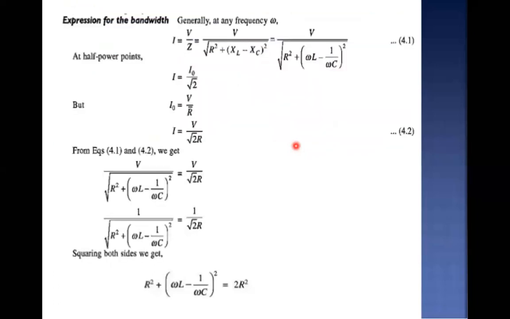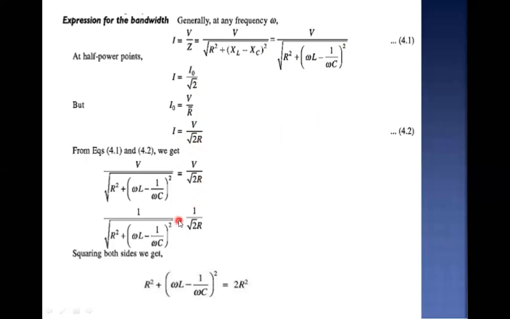If you want to calculate the expression for the bandwidth, we have calculated I is equal to V by Z, and I is also equal to, in terms of RMS value, I naught by under root 2. So from equations 1 and 2, if you equate these two, this whole expression can be equal to V by under root of 2R.